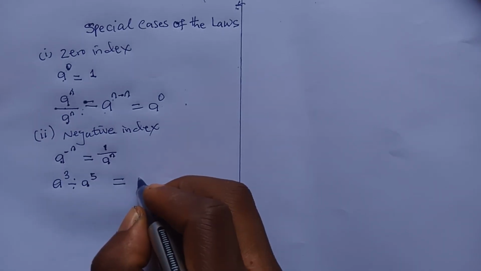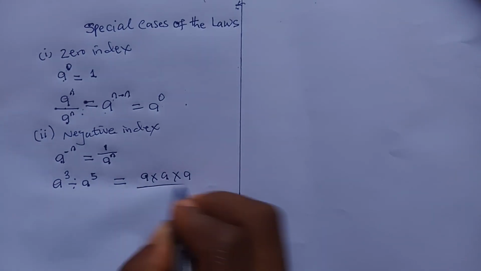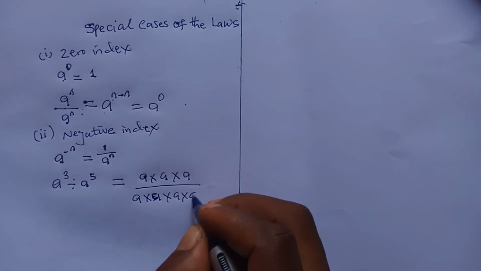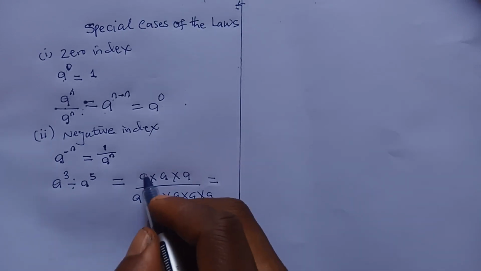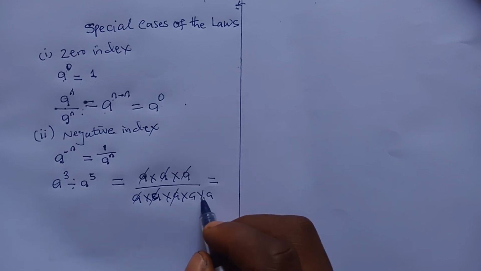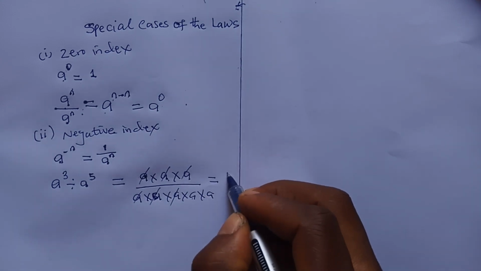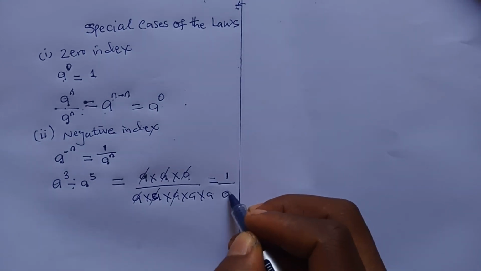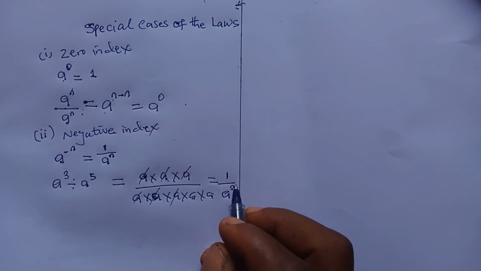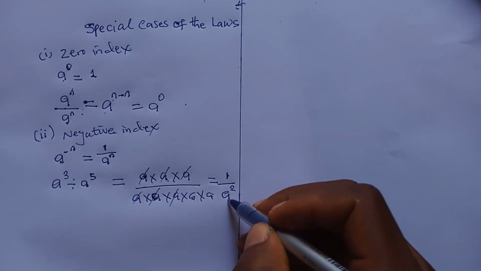You can see that a raised to power 3 is a multiplied by a multiplied by a, all over a raised to power 5, which is a five times: 1, 2, 3, 4, then 5. Then a can cancel, a cancel, a cancel. We now have only 2 a's remaining, so the numerator is 1 all over a multiplied by a, which is the same thing as a raised to power 2. So you now see that you have 1 all over a raised to power 2.